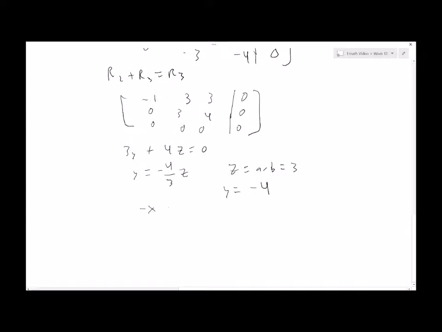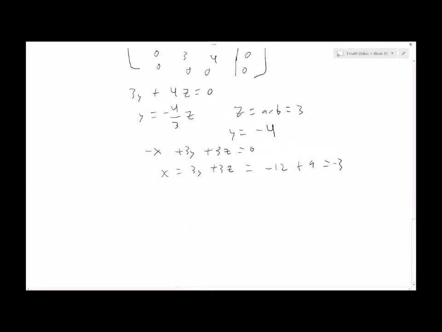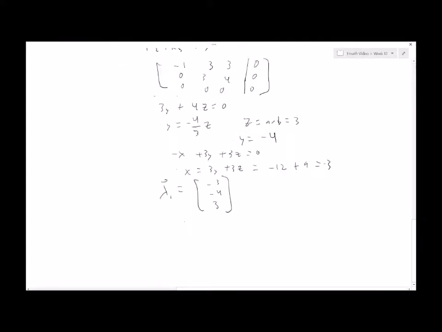Now we have -x plus 3y plus 3z equals 0, or x equals 3y plus 3z, which is -12 plus 9, which is -3, sorry. So then our eigenvector 1 is going to look like this, -3, -4, and 3. So that is our eigenvector 1.